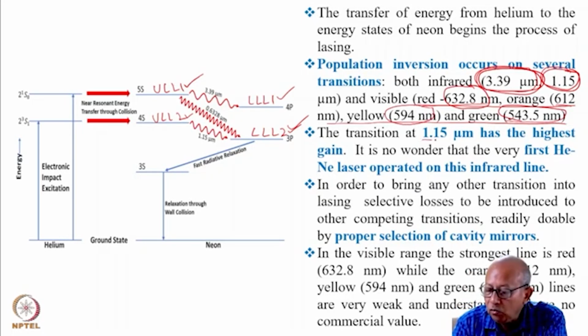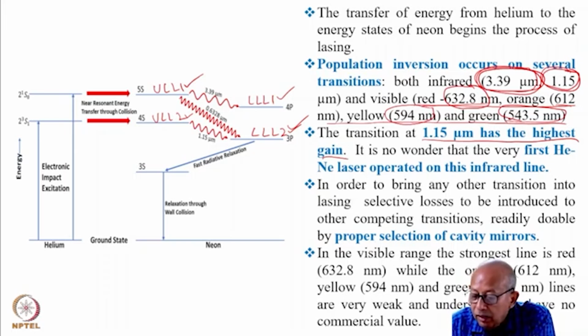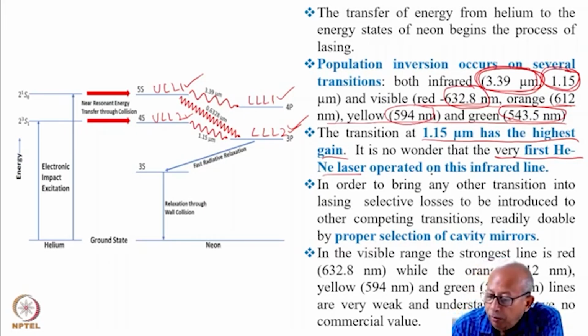However, the transition at 1.15 micron has the highest gain, and therefore it is not surprising that the very first helium-neon laser that was operated by Ali Javan and his team at Bell Telephone Laboratories operated on this infrared line because it has the highest gain.